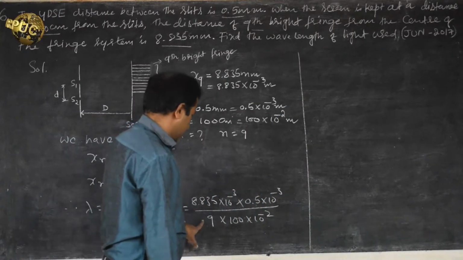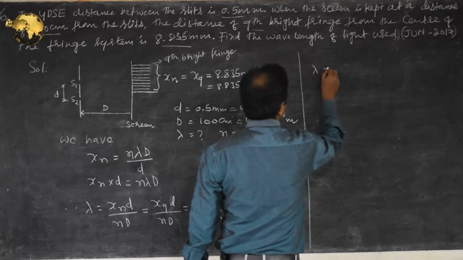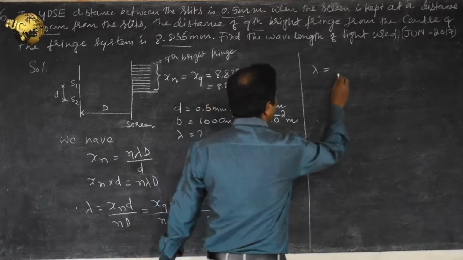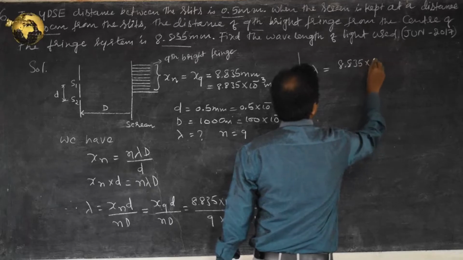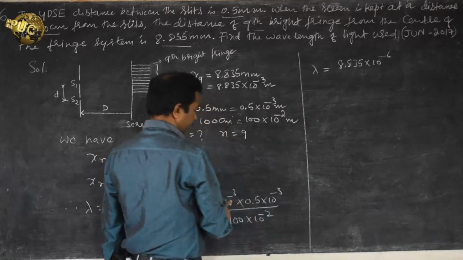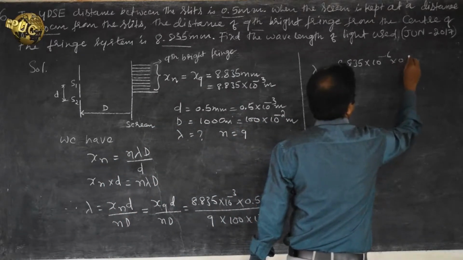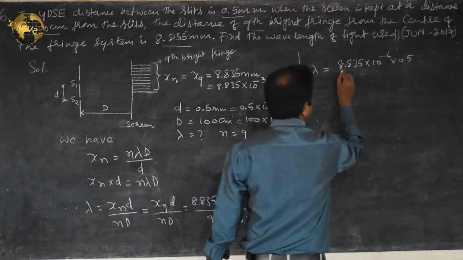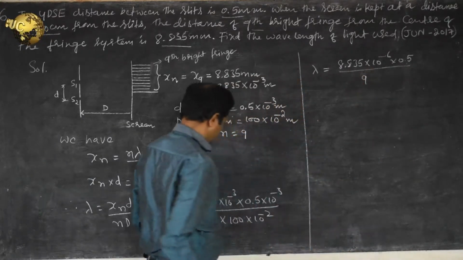So lambda is equal to 8.835 into 10 to the power minus 3 minus 3, into 0.5, whole divided by 9 here.